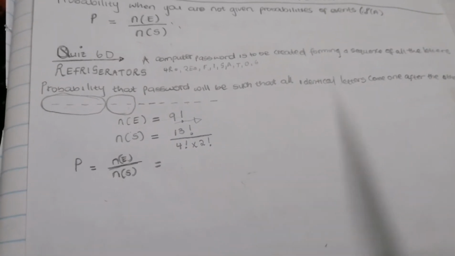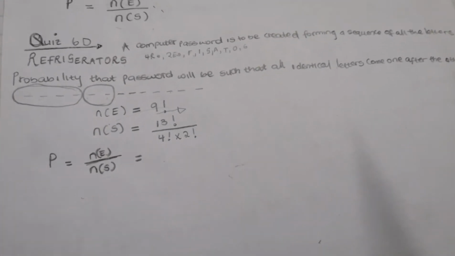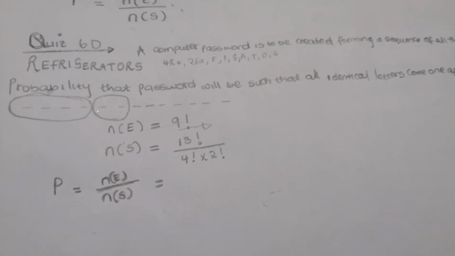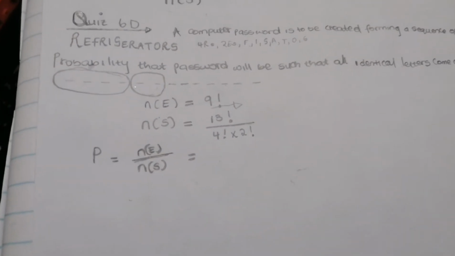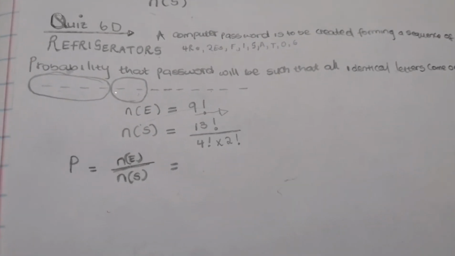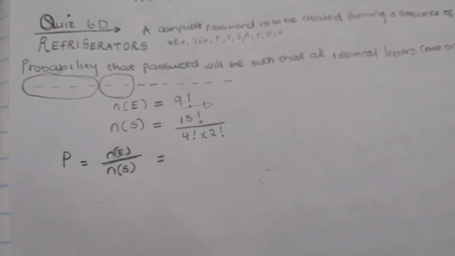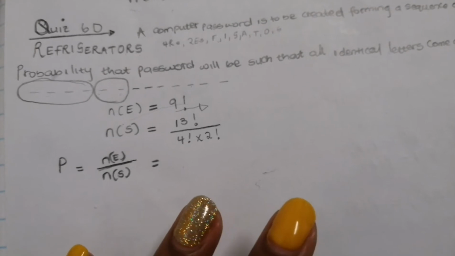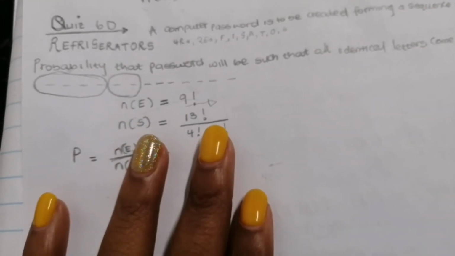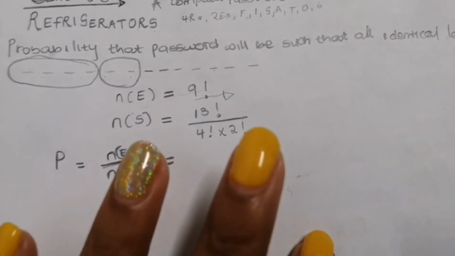I believe you can find the sample space, and you can find the event, from all the videos and practice you've done under counting methods. I might not solve the questions, but rather I might show you something.